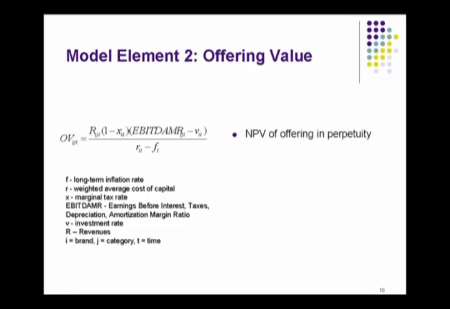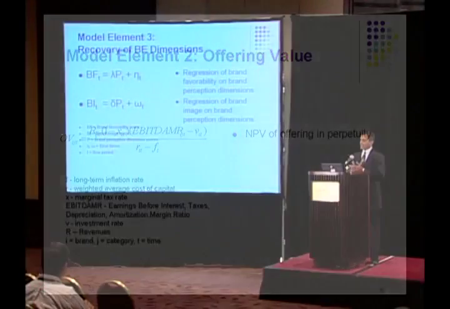And there are other terms such as inflation rate, weighted average cost of capital, marginal rate, that are a very important component of it. And the idea is that this is the net present value of an offering in each category when it is allowed to go in perpetuity.